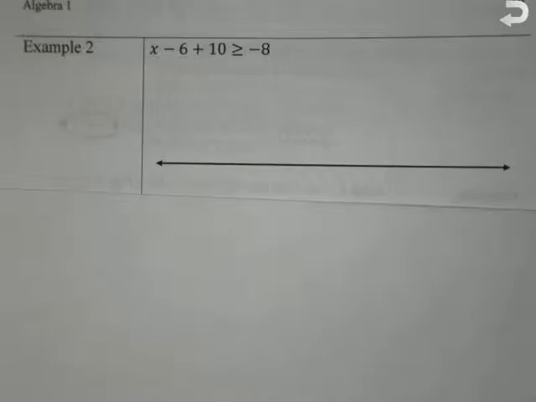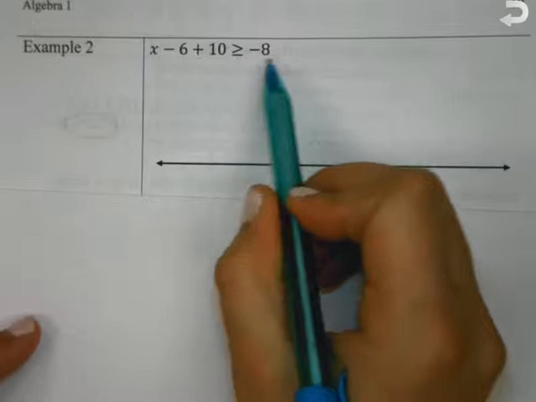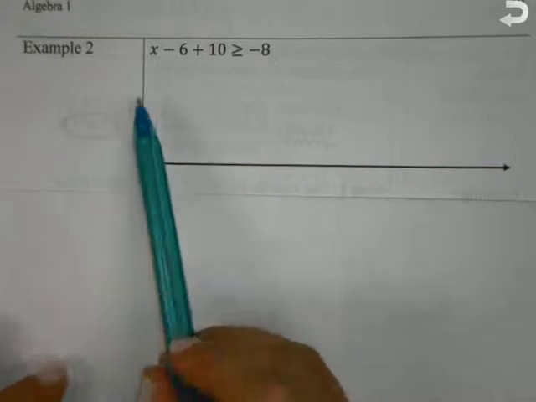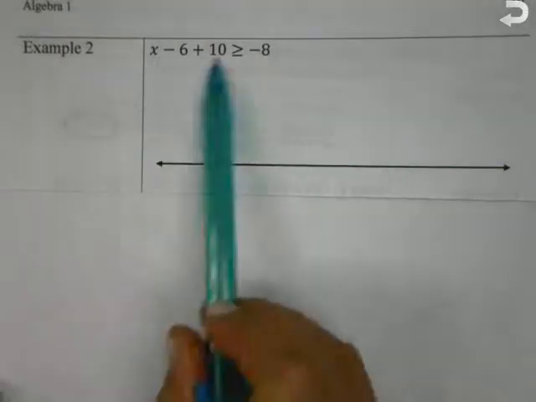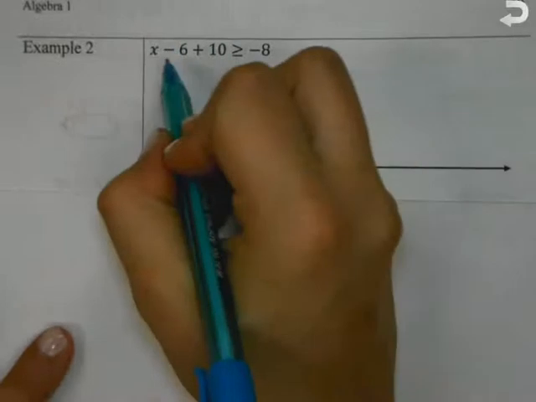Okay, example 2. x minus 6 plus 10 greater than or equal to negative 8. Is x on the left-hand side? Yes. So now we just get to start solving like normal. Do you guys see anything we can do on the left-hand side?